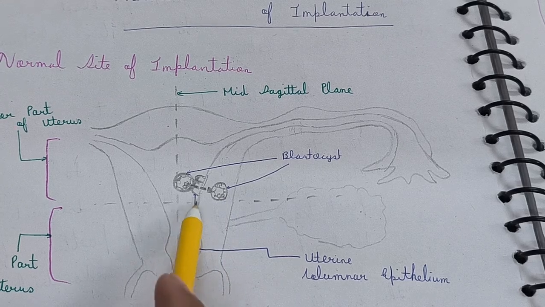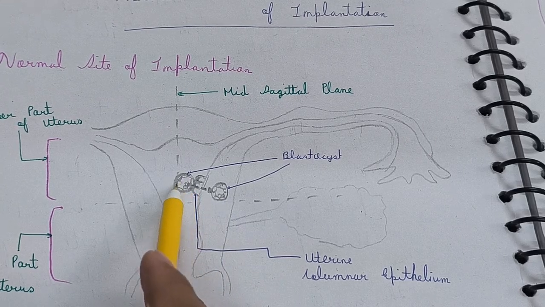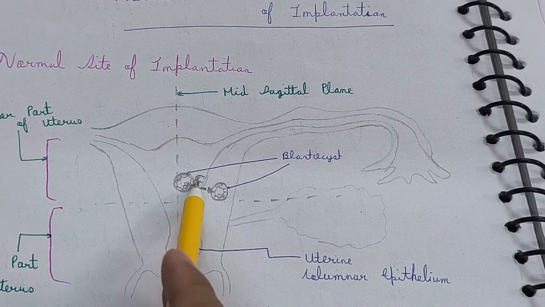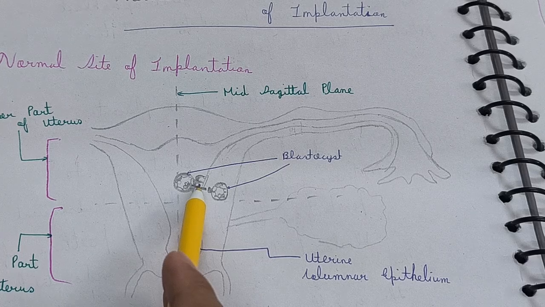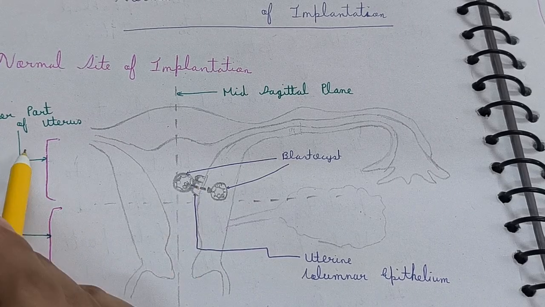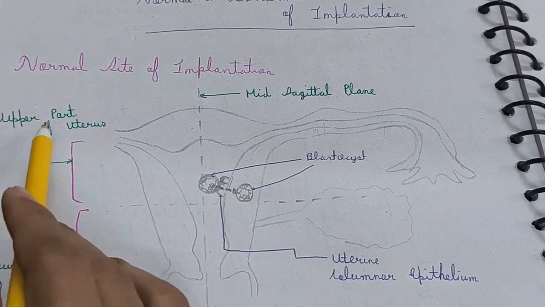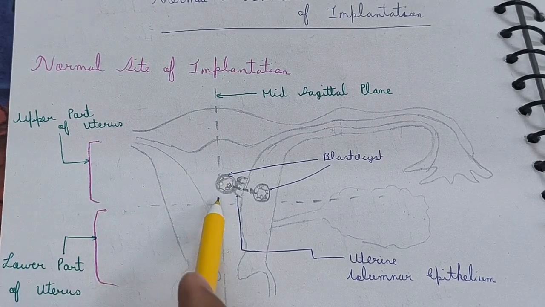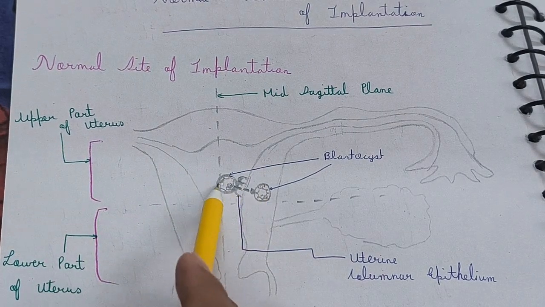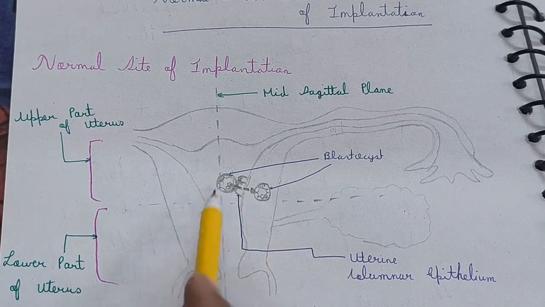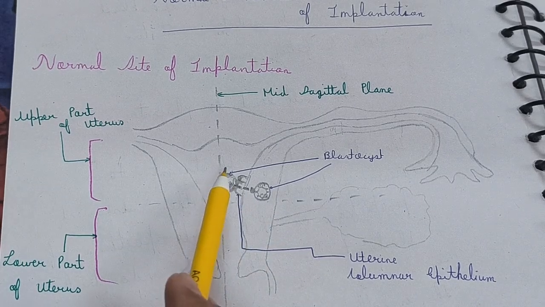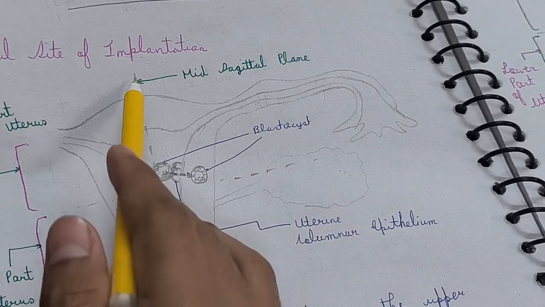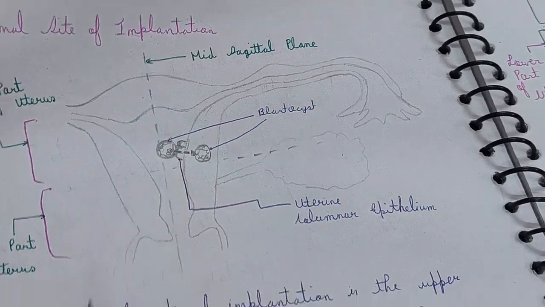Also, you see that this blastocyst attaches to the uterine columnar epithelium to begin implantation in the upper part of uterus. Therefore, in this upper part of uterus the whole implantation occurs, and this is the normal site, with respect to this mid-sagittal plane also.